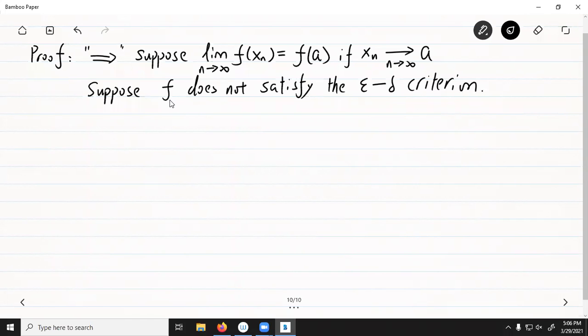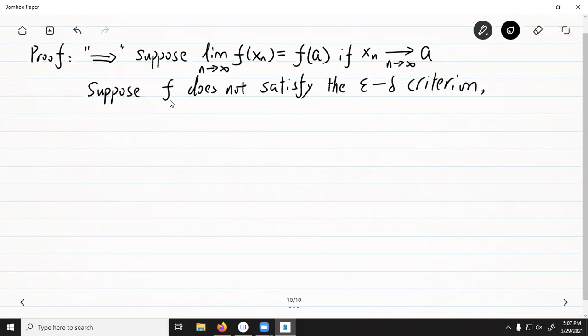So when you say it does not satisfy the epsilon delta criterion, you need to convert this into our math language. What does this mean? What's the meaning of does not satisfy?